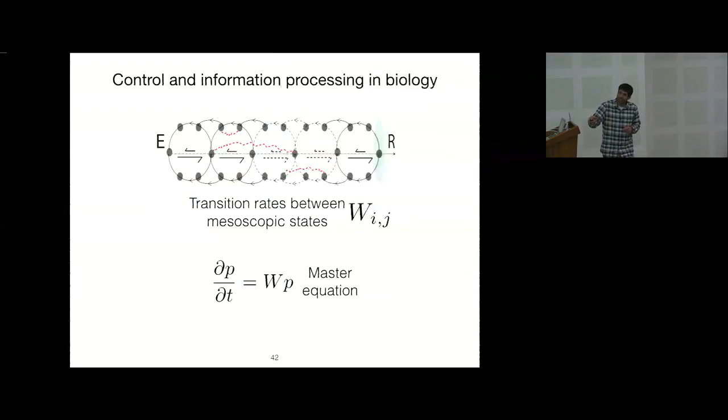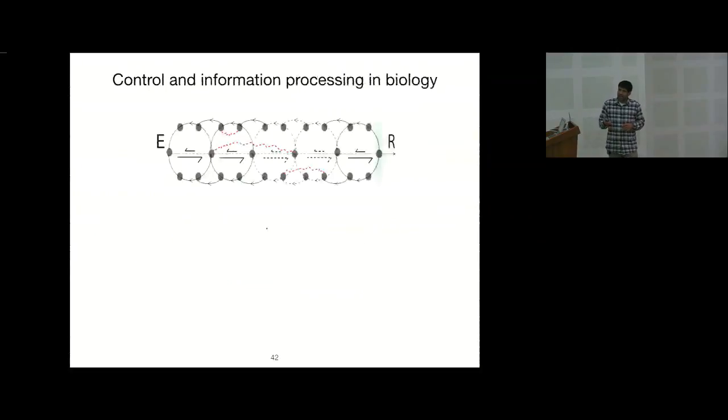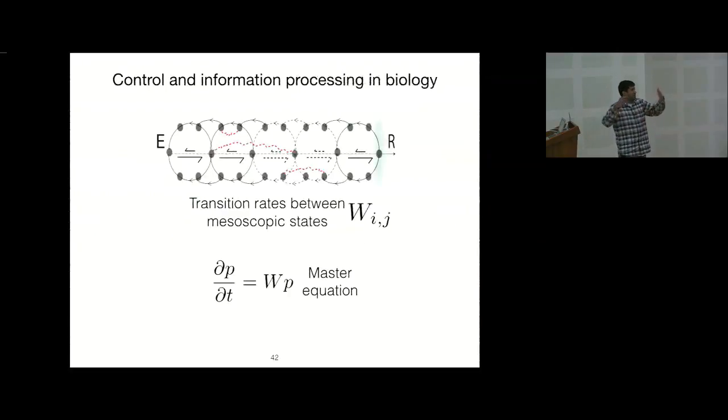This P here is a vector that has information about the probability that the system spends time in any of these mesoscopic states. W is a matrix that has information about the rates of transitions. And so I can put all this together, write down a master equation, try to solve it, and see what happens. I can look at the steady states.